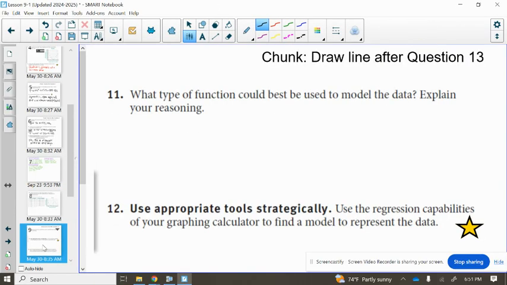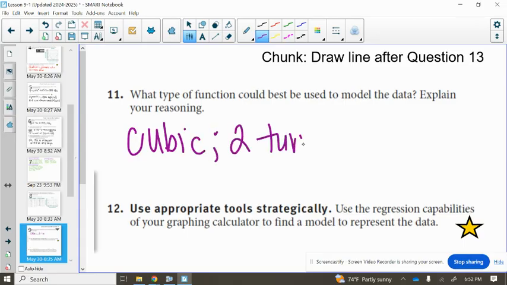So let's answer these questions. Which type would be best now? Well, we would want to use a cubic. Why is that? We have two turning points, a max and a min.